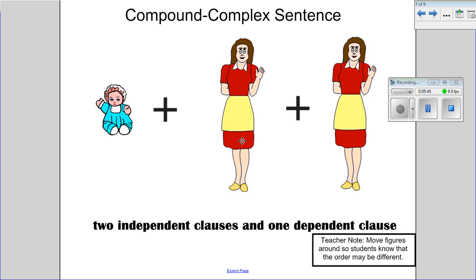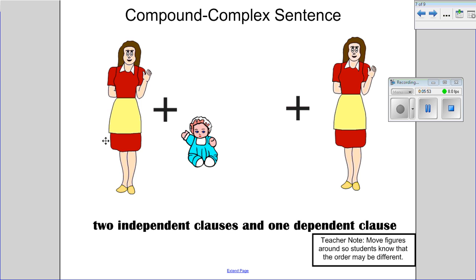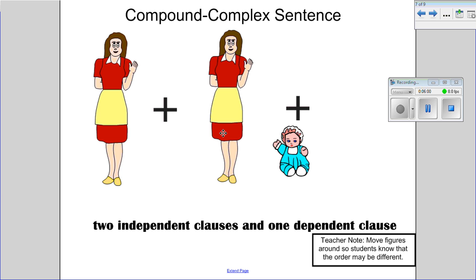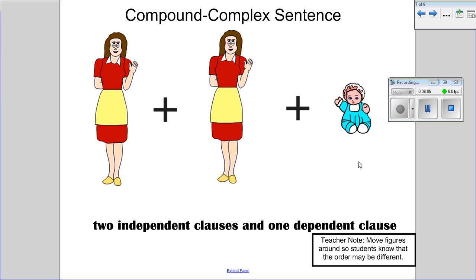So this can go in 2 different ways. We can have a DC, IC. We could have an IC, DC, IC, or we could have an IC, DC. So really with the compound complex sentence, it can be written 3 different ways.